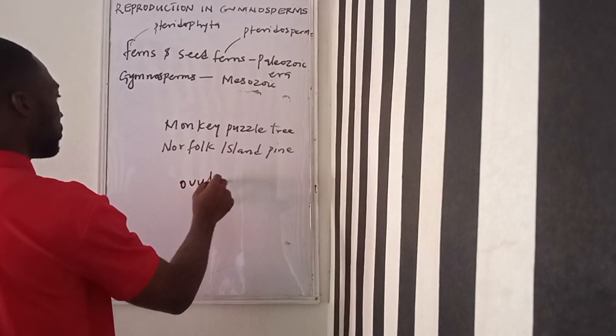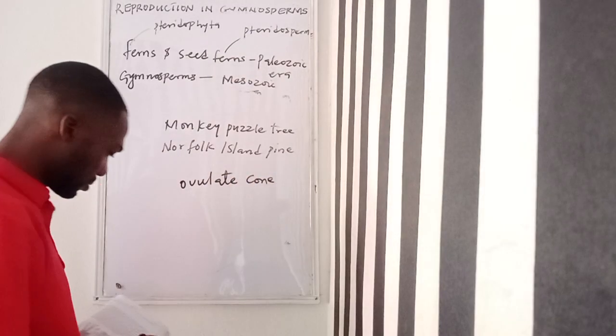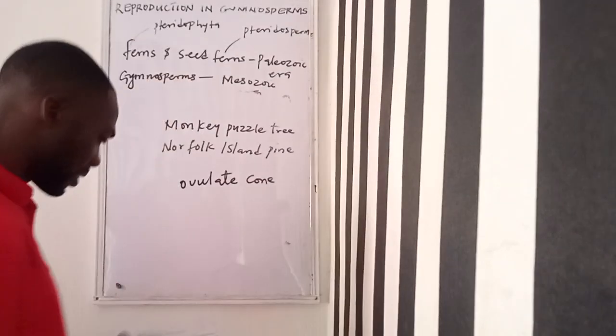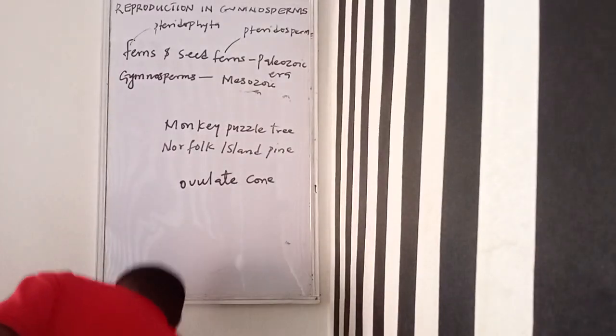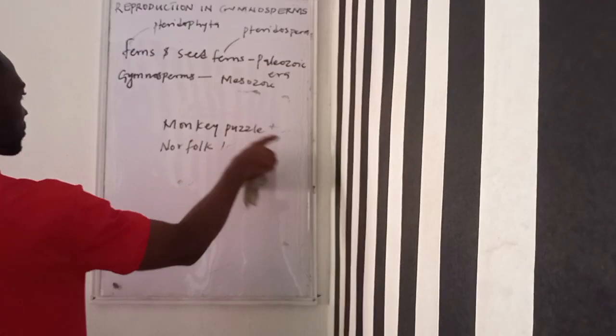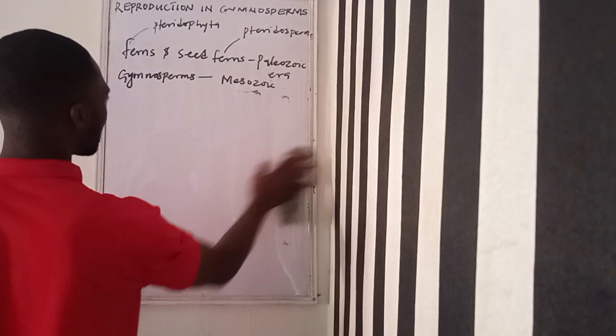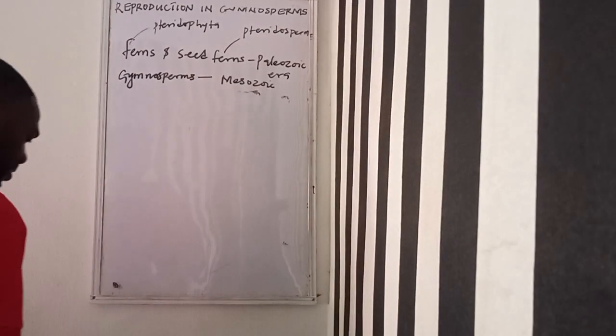Note this, that the seed cones, when they are still young, are called the ovulate cones. Let me just list some of the examples of conifers which are important to note.